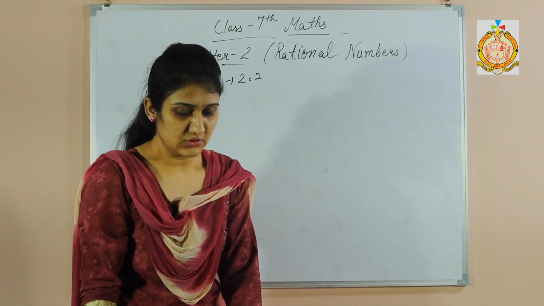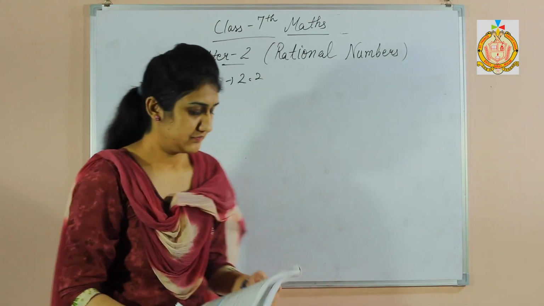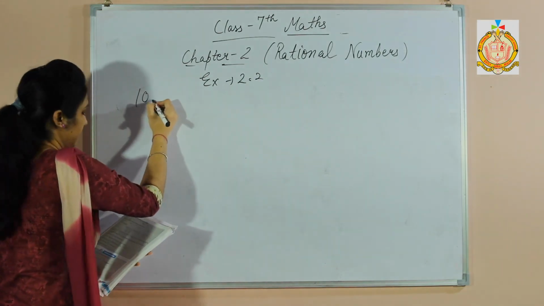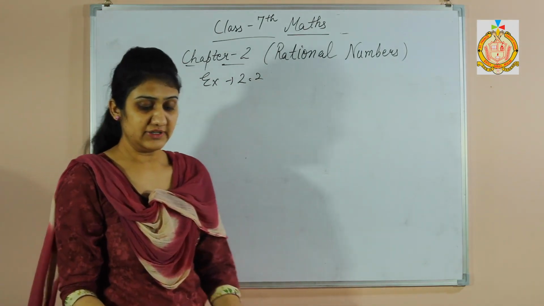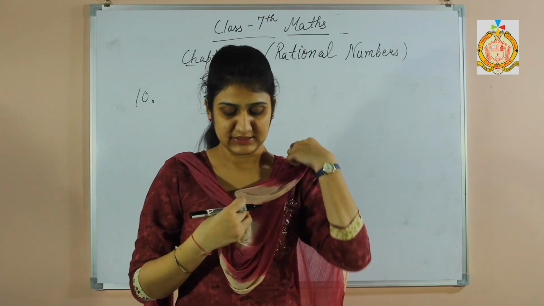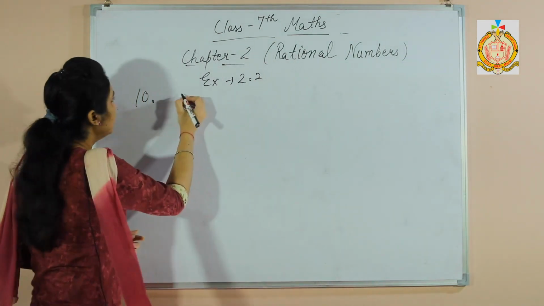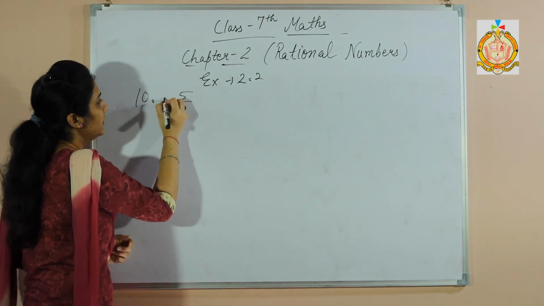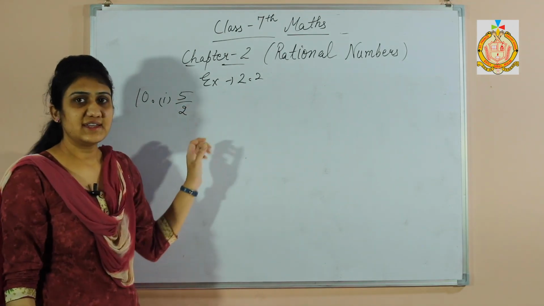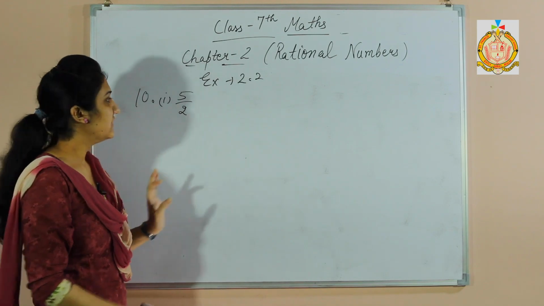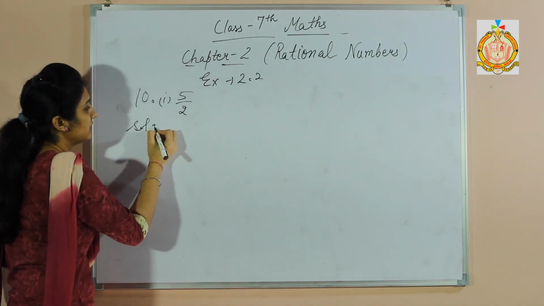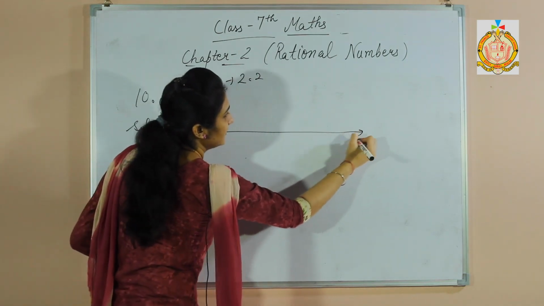Now we shall do the 10th part. Represent the following rational numbers on the number line. So we have to represent the rational number on the number line. The given number is 5 by 2. To represent the rational number on the number line, first draw the number line. What is the number line?